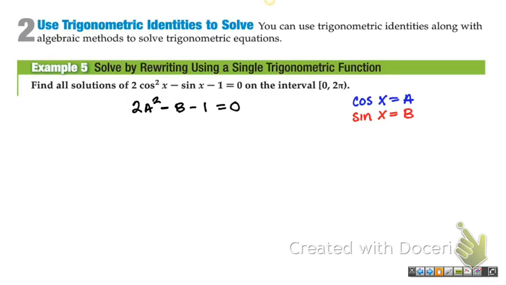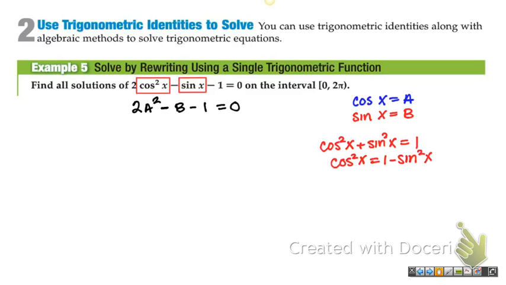But, lucky for us, these two guys right here, cosine squared x and sine x, are related to each other using Pythagorean identities. I've got this Pythagorean identity that says that cosine squared x plus sine squared x equals 1, which means that cosine squared x equals 1 minus sine squared x.